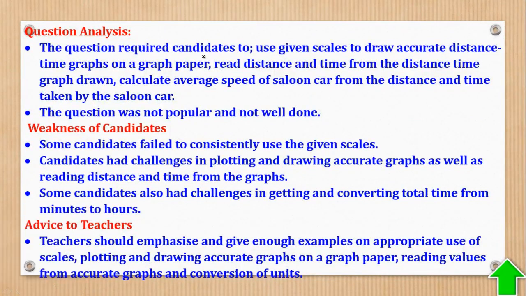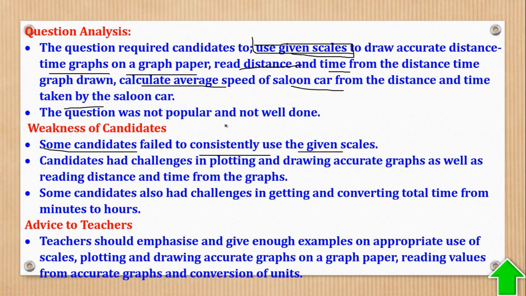So the question required candidates to use the given scales. It must be the given scales. To draw an accurate distance-time graph, accurate means it has to be drawn on graph paper. Read the distance and time from the distance-time graph and calculate the average speed of the saloon car from the distance-time graph. Some candidates failed to consistently use the given scale, so it must be the given scale.